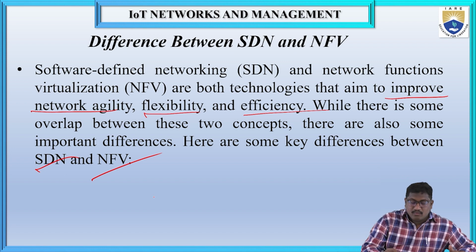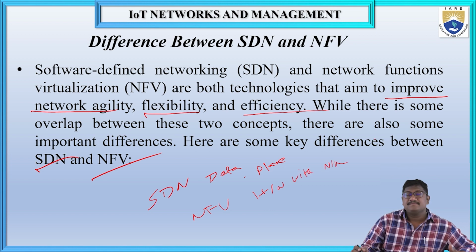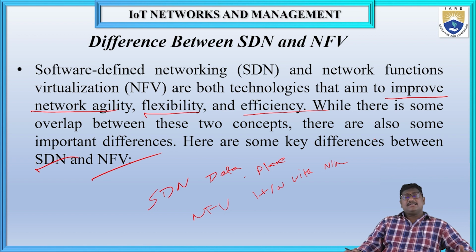Whenever we are using SDN, we are separating the data plane and the control plane. And whenever we are using NFVs, we are replacing the hardware with new networking concepts such as new routers, as I told you in the previous things.